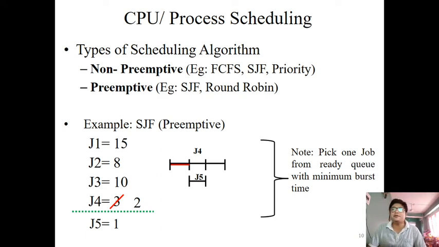In any preemptive scheduling algorithm, at each and every interval of time, the scheduler will check if there is any process that is satisfying the criteria. If it is, then the CPU will be snatched from the currently executing process and given to the new process satisfying the criteria, right?